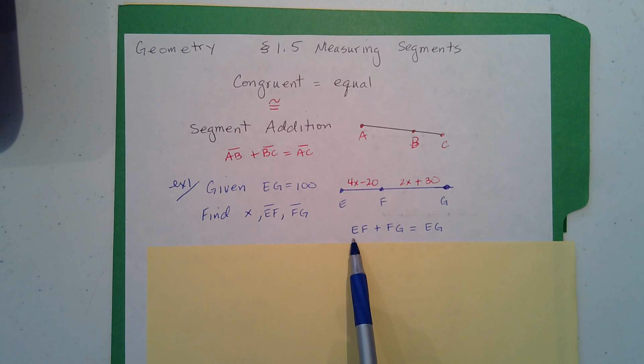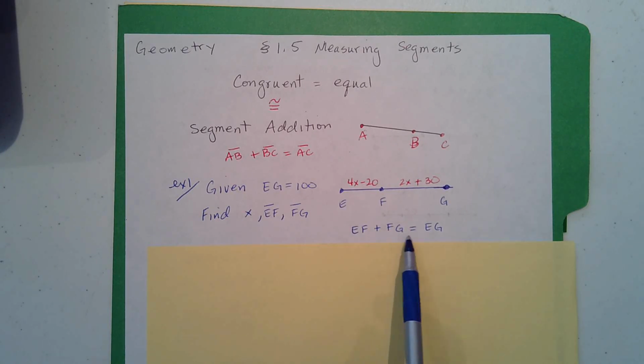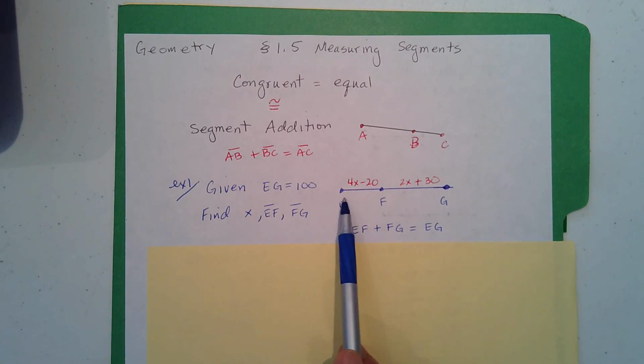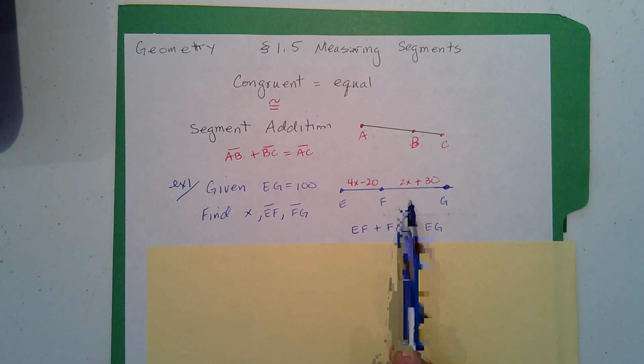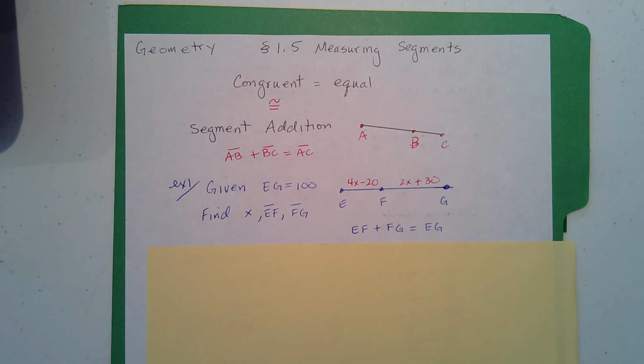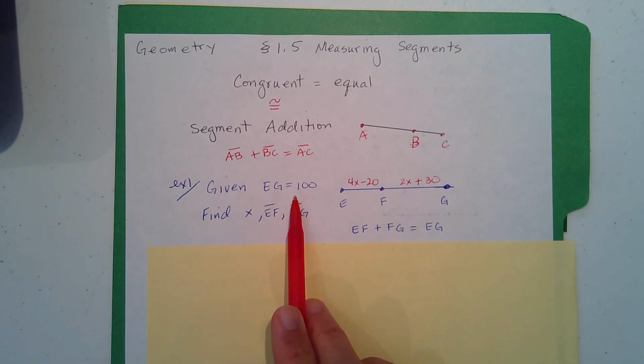So now we're going to substitute what EF is, what FG is, and what EG is. Well, EF is 4x minus 20. FG is 2x plus 30. And EG is given to us, 100.